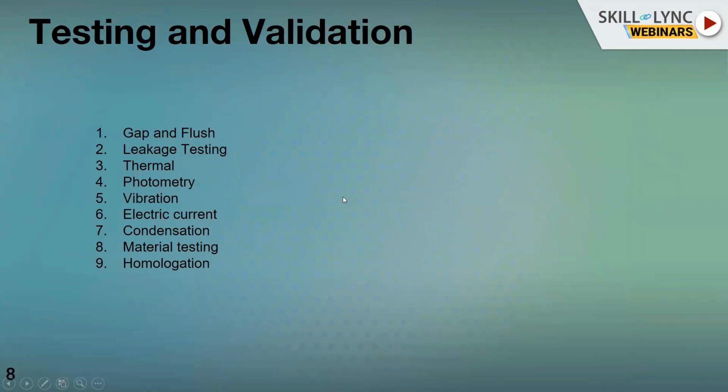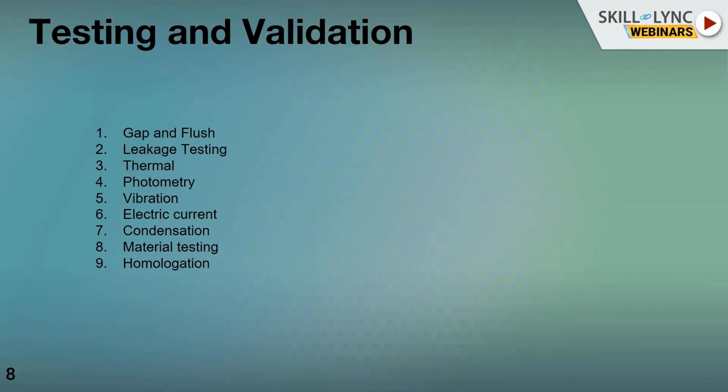Now coming to our next topic, testing and validation. This is a really important topic, and every OEM has to check all this after manufacturing. There are many testing and validations, but I have covered only these 9 points, which are applicable to a designer.